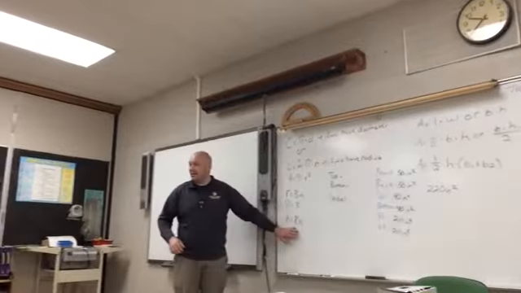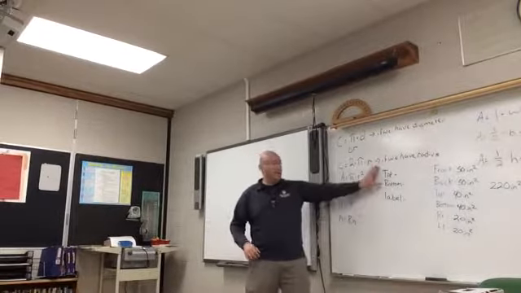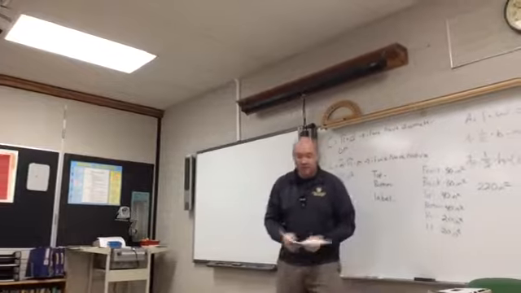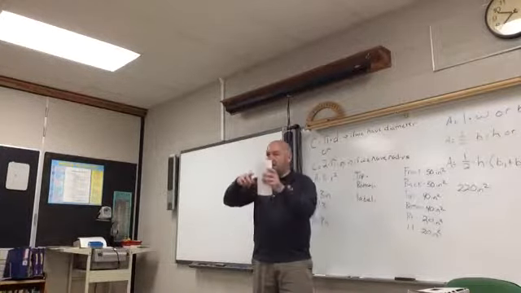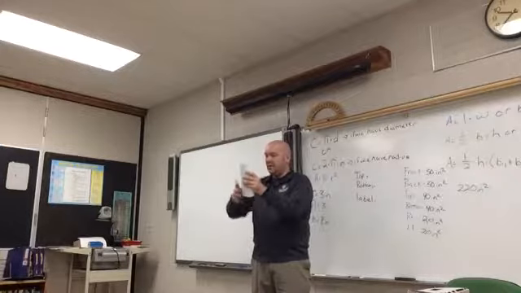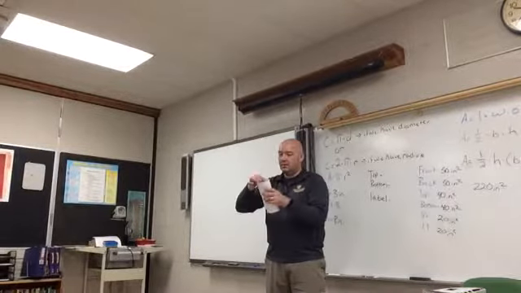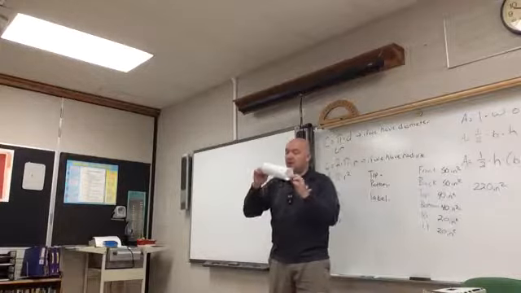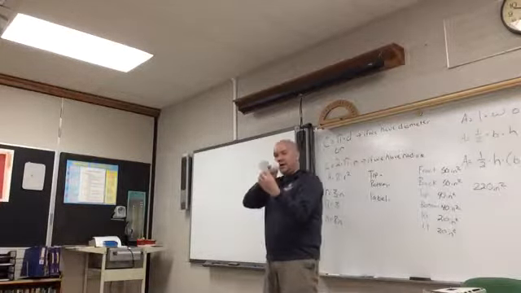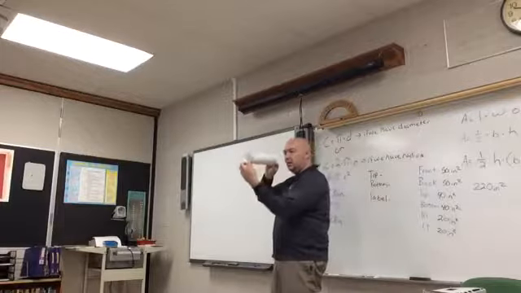We don't need height yet, do we? Because we're only finding this circle. But we will need this height in a little bit. So we have a problem here. What is the algebraic expression we need to find the area of this circle?